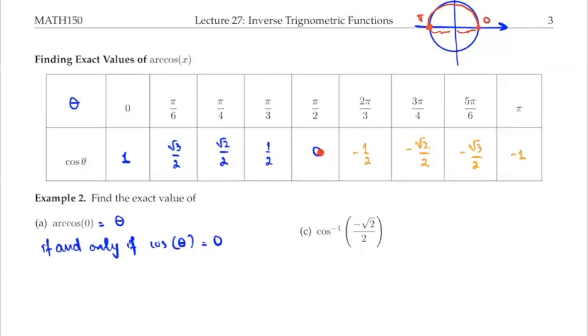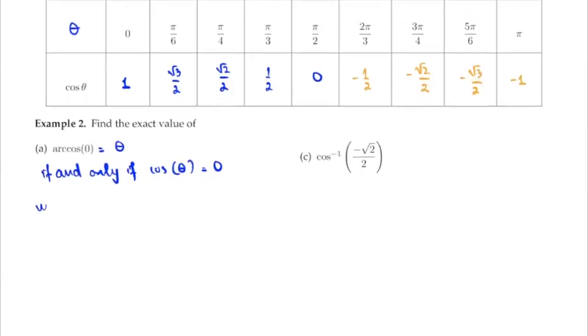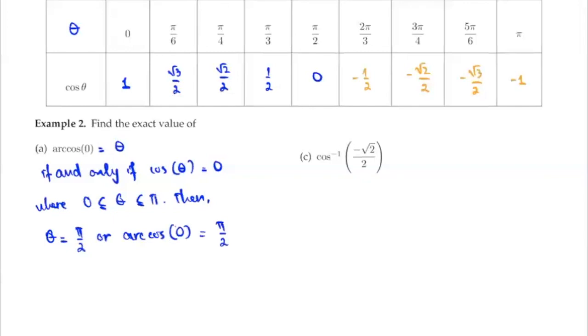Now from the table, the corresponding angle must be pi over 2. And again, I want to emphasize the domain. That is where theta is between 0 and pi, including the endpoints. Then theta is equal to pi over 2, or arc cosine of 0 is equal to pi over 2.